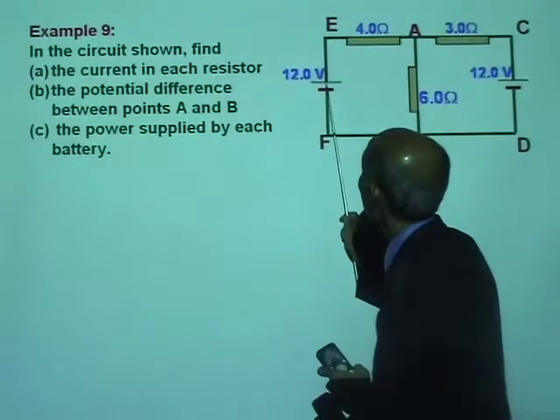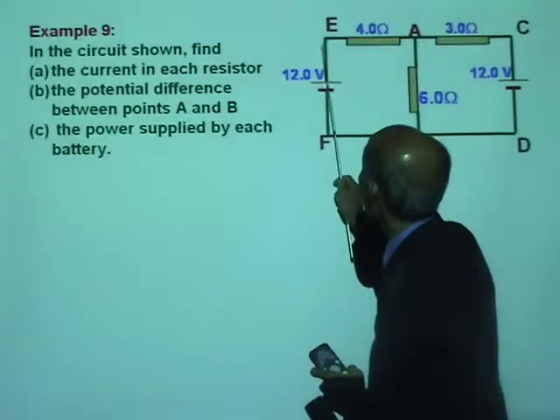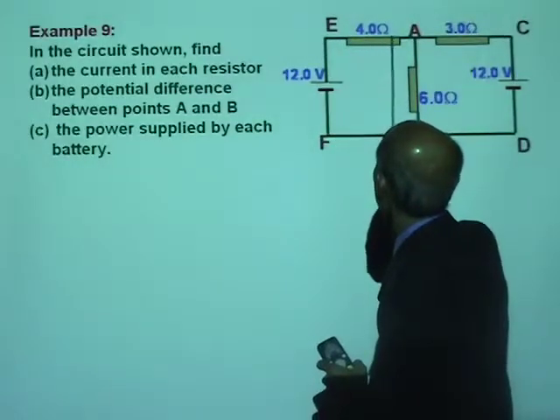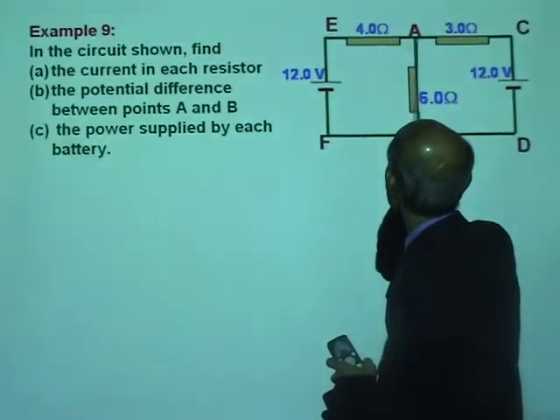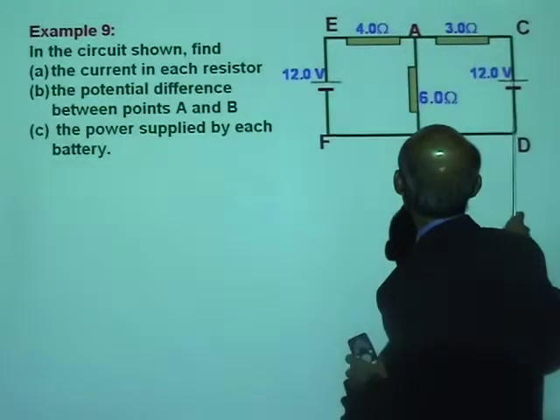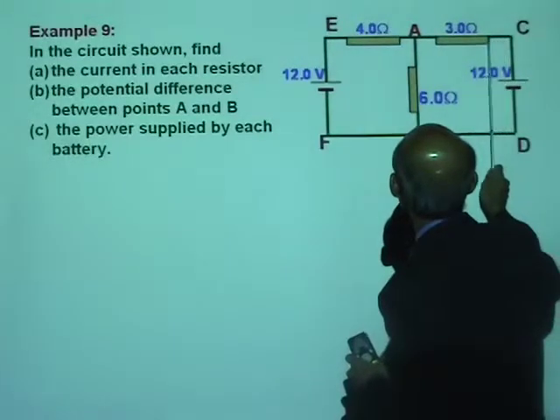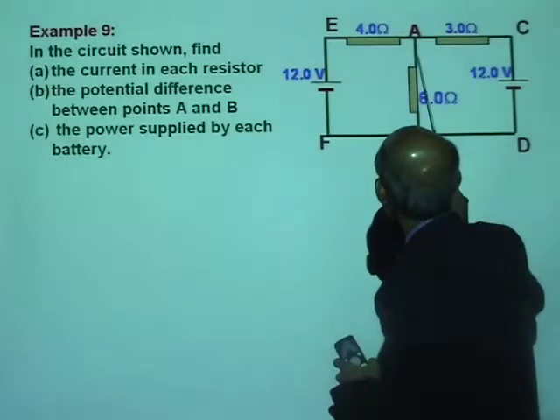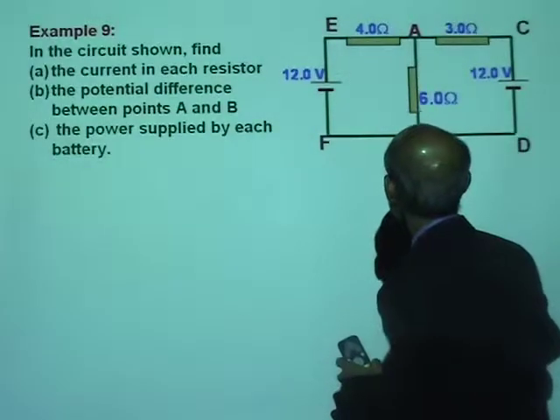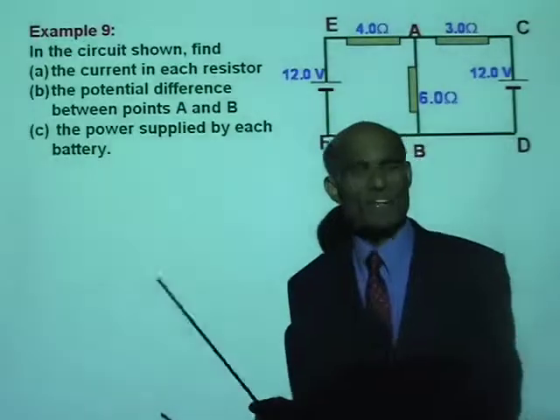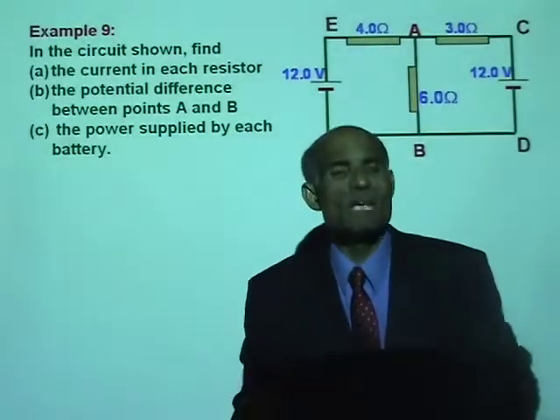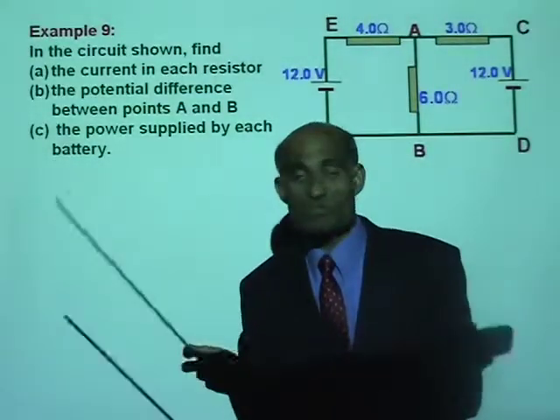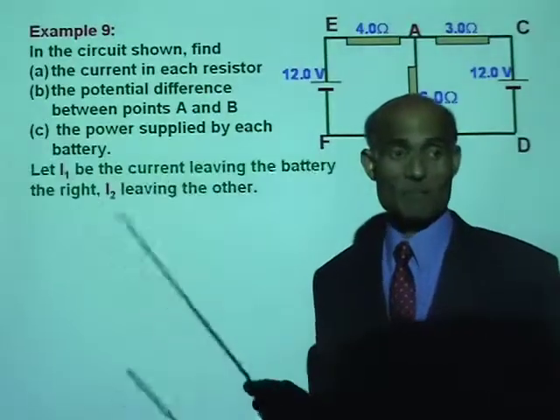So let's say a current starts here, goes through 4 ohm and comes to A. A current starts from here, goes through 3 ohm and comes to A. And they both meet and go through the 6 ohm. We will assume that that is the way it is going to be. Even if we are not right, it doesn't matter.